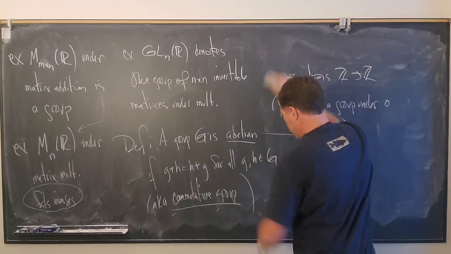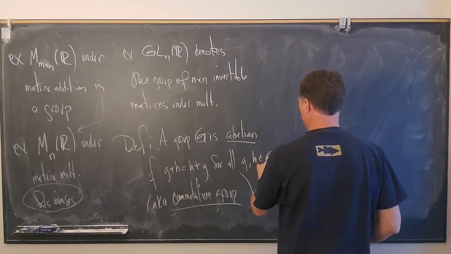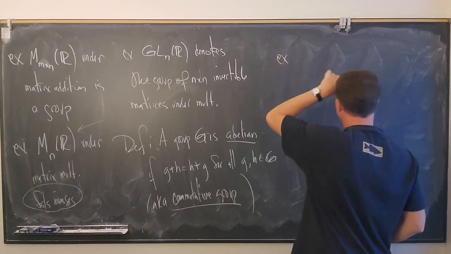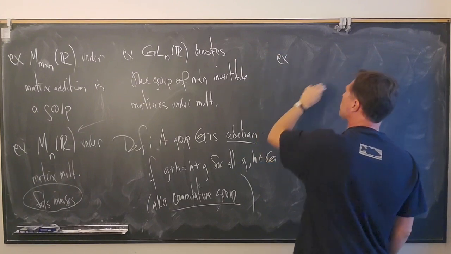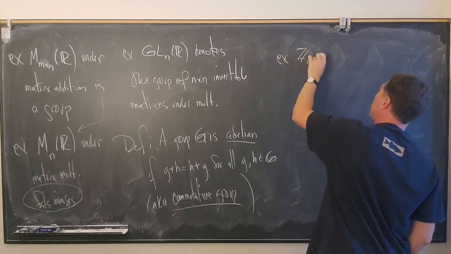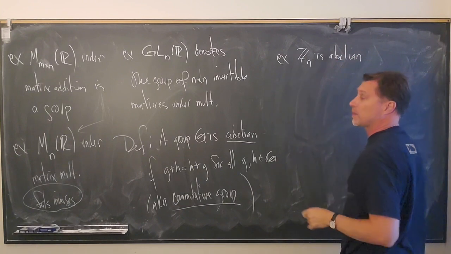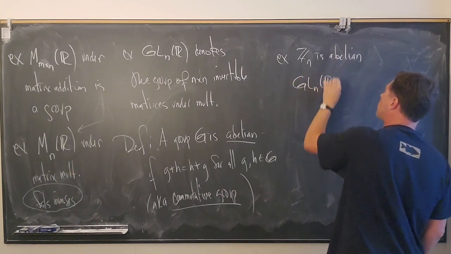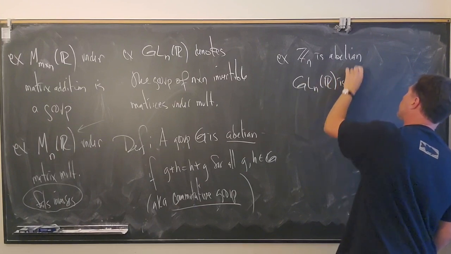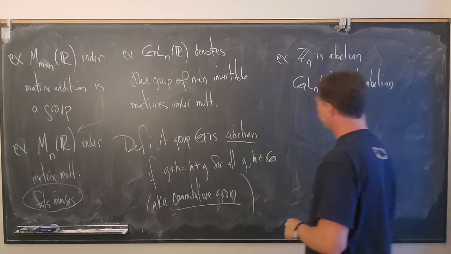As an example, there's lots of examples. So Z_n is abelian. There's also lots and lots of examples of non-abelian groups. GL_n(R) is not abelian.